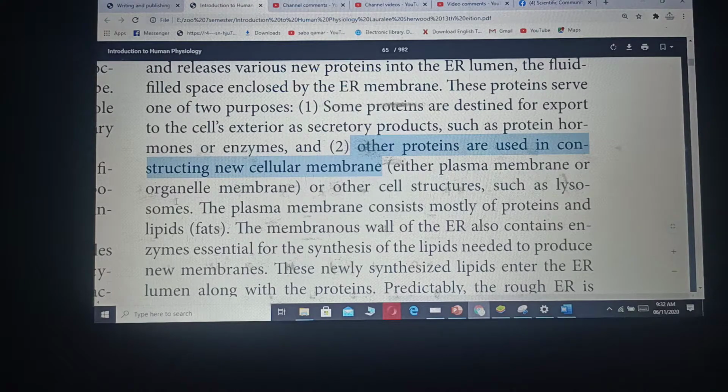On the other hand, organelle membranes also contain different kinds of proteins such as channel proteins or intrinsic proteins, or other cell structures such as lysosomes, and they are also involved in the formation of the lysosomes.